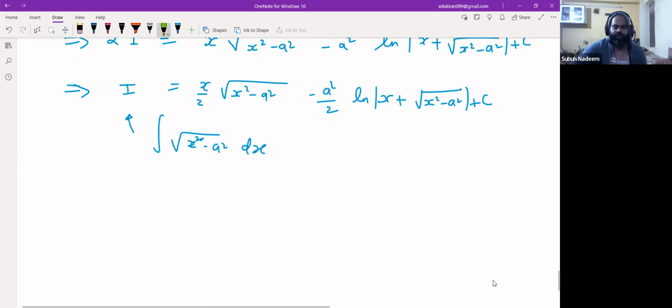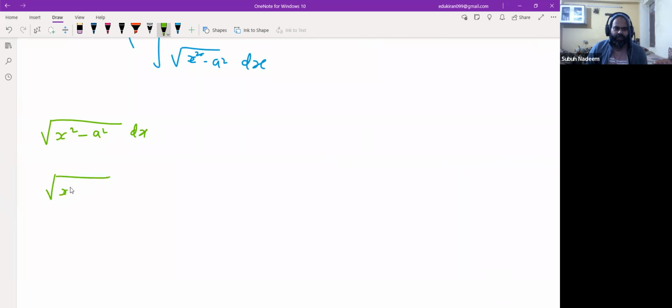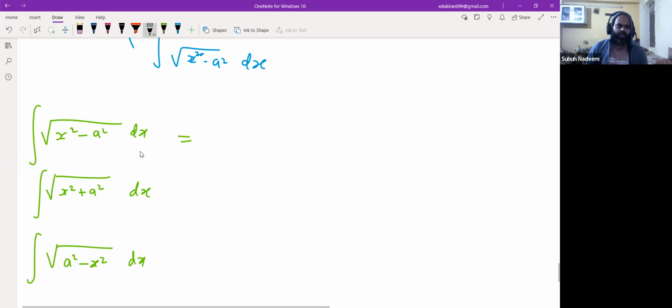So if we try to remember the three formulas which are involved here, it is not so difficult. They seem to be lengthy, but it is not difficult. If we see a pattern here, what is the pattern? Let me show you. These three formulas you have to remember. They are an arrangement of a square, x square, plus minus.